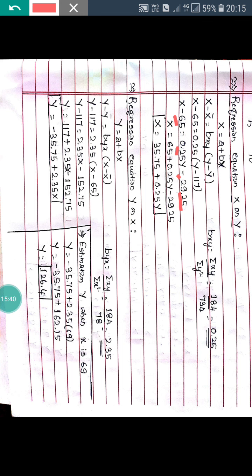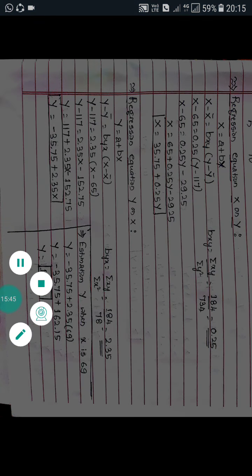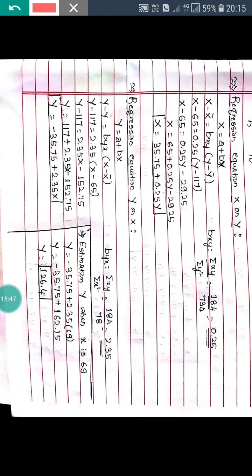After that x equal to minus 65 goes that side, that is a plus 65 plus 0.25y put same, minus 29.25 put same.